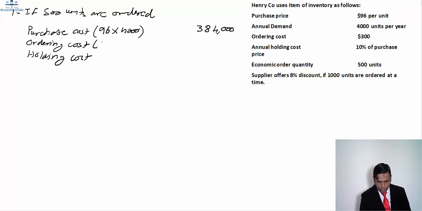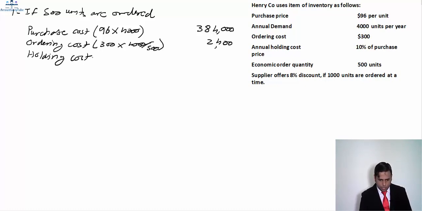We have been given an ordering cost of 300, and we need to adjust this according to the 500 unit order size. Our annual demand is 4000, and we are placing each order of 500 units. Computing this gives a figure of 2400.